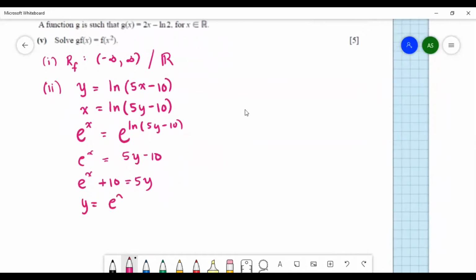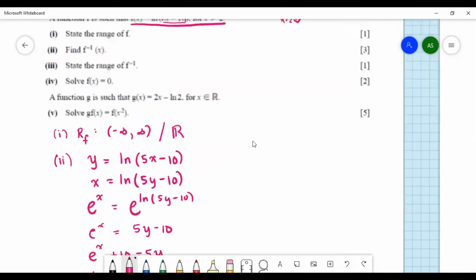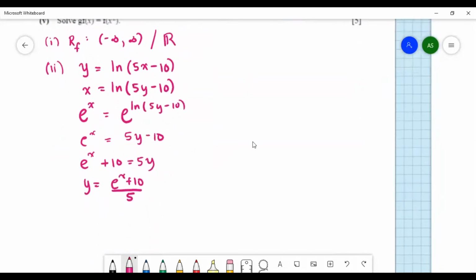So that's e power of x plus 10 all over 5. Therefore, your f inverse of x is equal to e to the power of x plus 10 divided by 5. Okay?